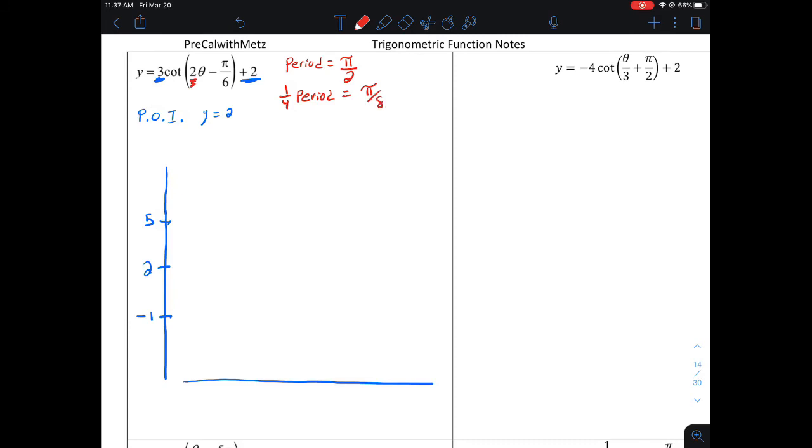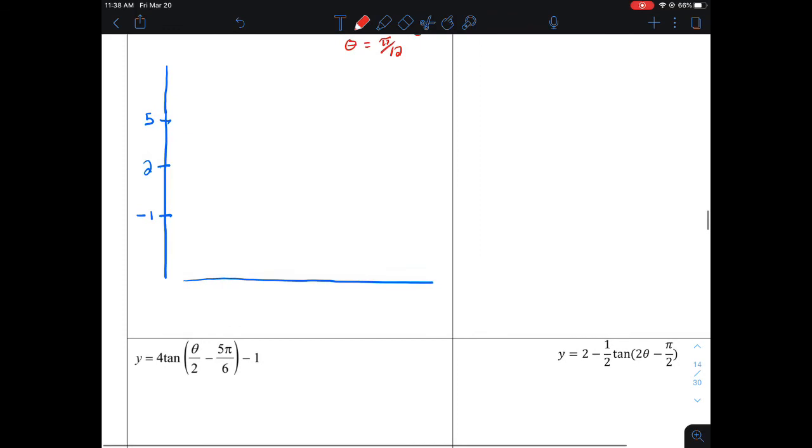And now I want to find my starting value for x, my phase shift. I'm going to set the inside equal to 0. Solve for theta. Pi over 12. So pi over 12 is the first number that goes on my horizontal scale.